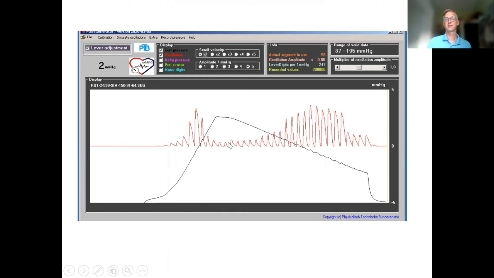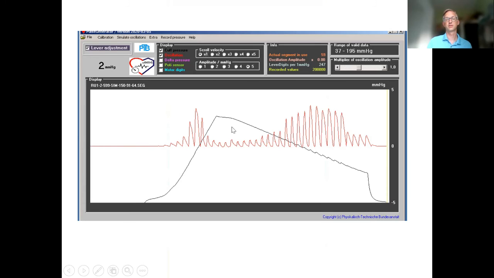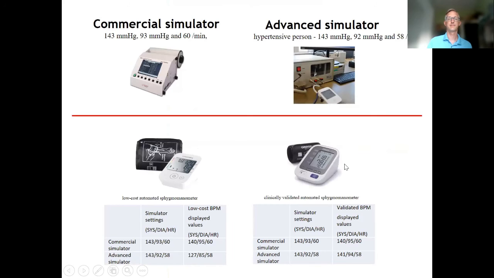And the most important thing is that these are signals of a living person, and this person, which was numbered 599, so it was almost the 600th person, had blood pressure 150/91 with heart rate 64. And this is the goal: the device should show these values.